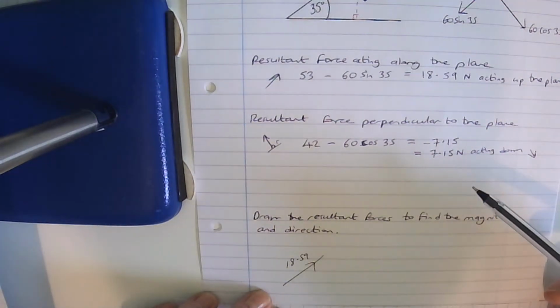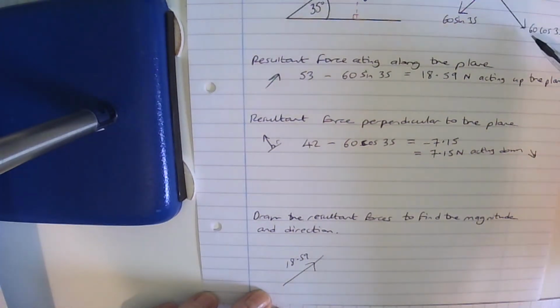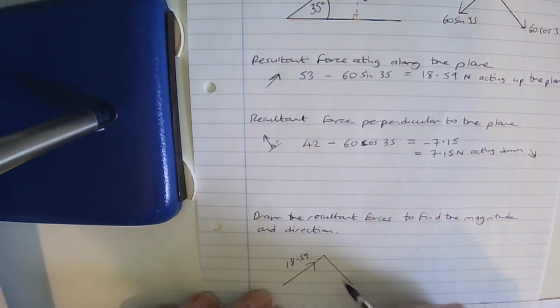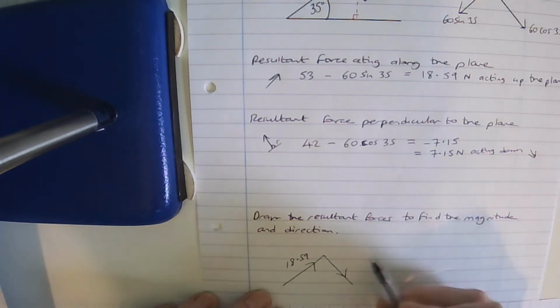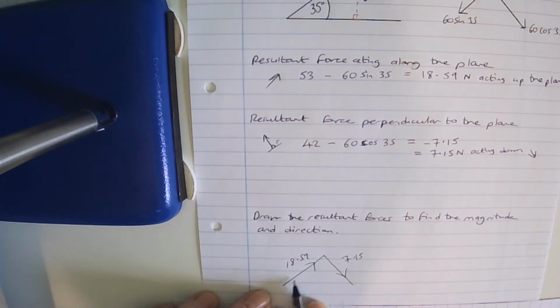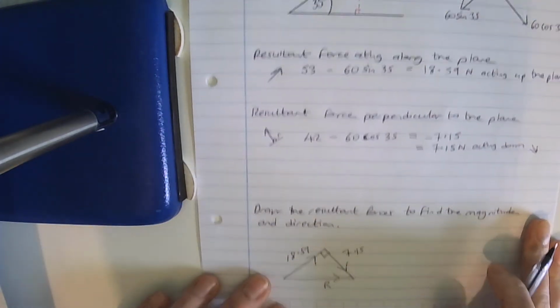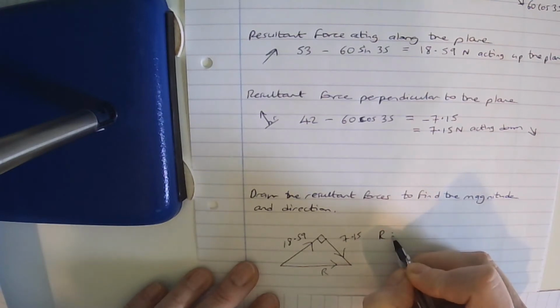And then the 7.15 is acting this perpendicular way here. So after this goes up here, this is going to go down, following nose to tail the other one. So there we have our parallel one and our perpendicular one acting down. Go back to the start, join those up to give our resultant one, and this creates a right angle. So how do we find our r?